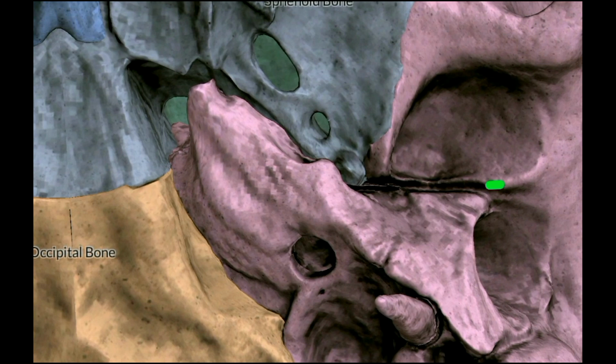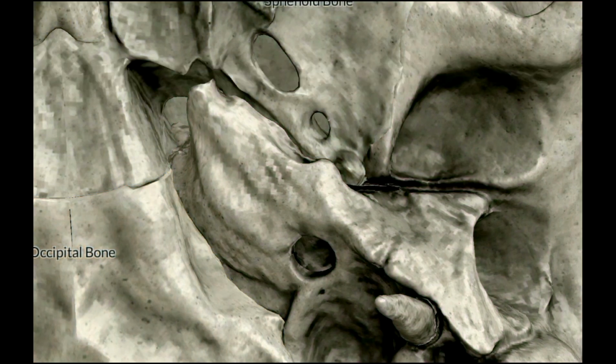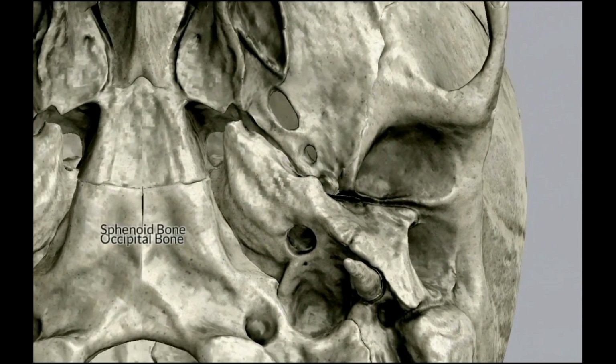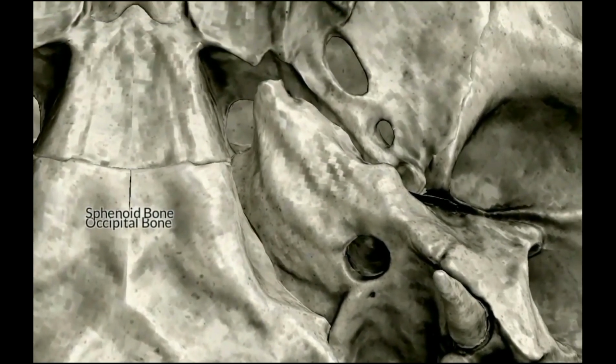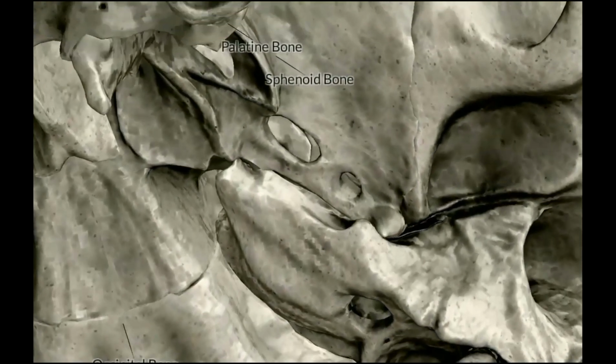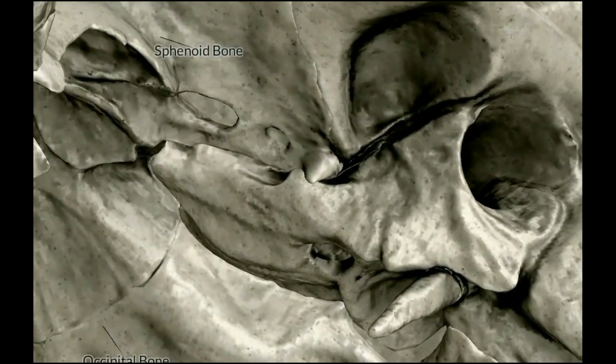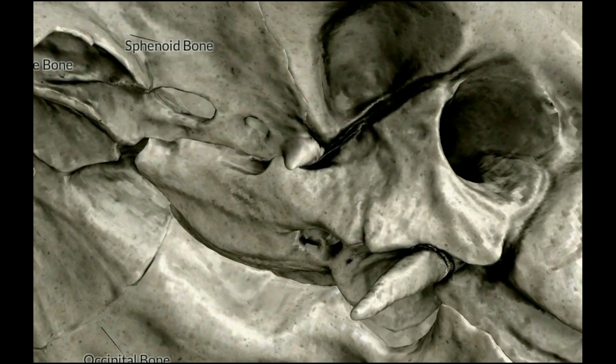This squamotympanic fissure is divided medially by the downturned edge of the petrous temporal bone into 2 parts. Between the squamous part and the tympanic part you are appreciating a fissure. What do you call a fissure between squamous and tympanic bone? Squamotympanic fissure.